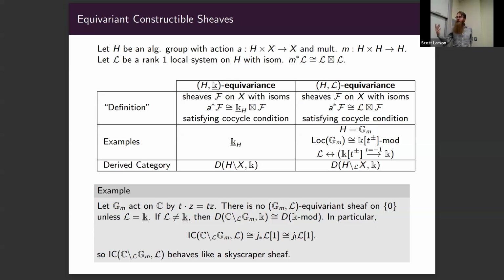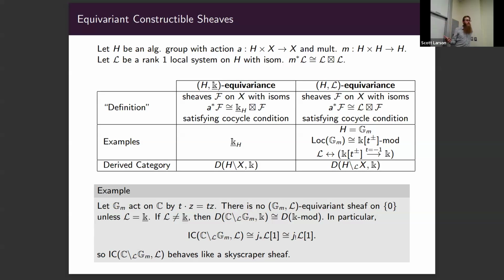So what sort of weird things happen when you start imposing this new equivariance constraint, these twisted equivariants? Well, here's a basic example. G_m acts on just the affine line by the usual scaling action. And what one can easily convince themselves of is that there's no G_m,L equivariant sheaf on 0, the point 0, unless the local system we started with is the constant sheaf.